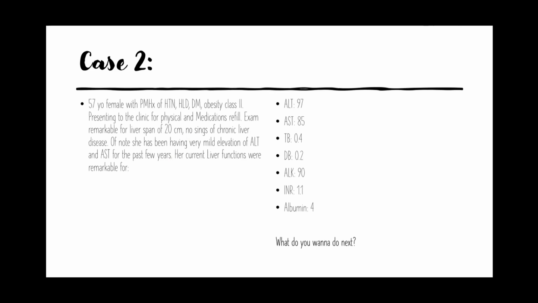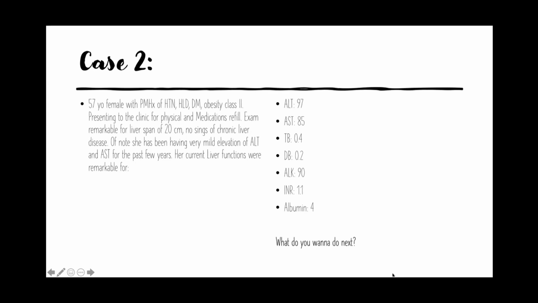I would like to do an ultrasound of the liver because she has obesity class 2 and mild elevations of ALT and AST for the past few years. Maybe she has some hepatic steatosis going on, so I will do an ultrasound. Okay, do you want to do any other labs for her?